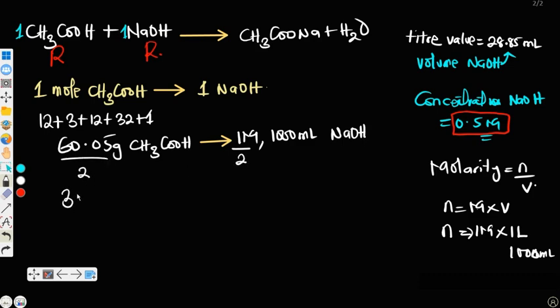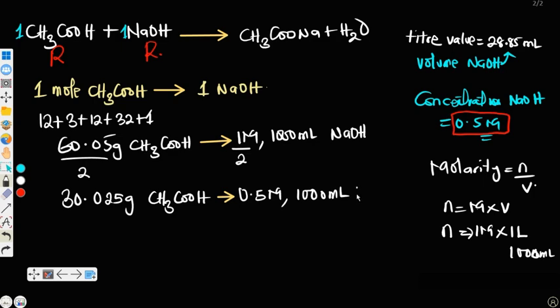This will give us 30.025 grams of acetic acid. 1 divided by 2 is 0.5 molar, 1000 milliliters of sodium hydroxide. Are you getting it now?